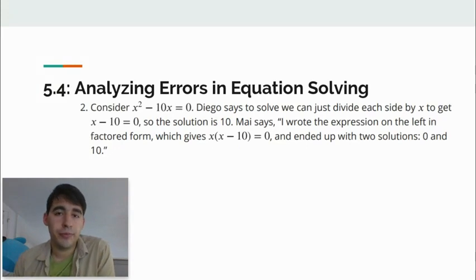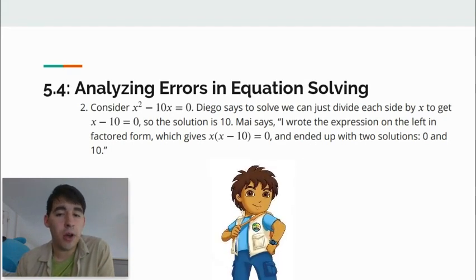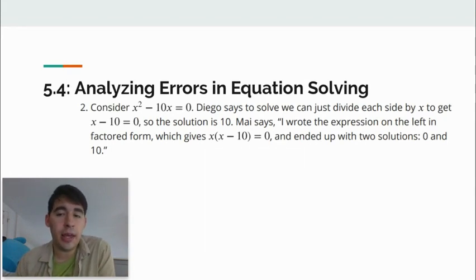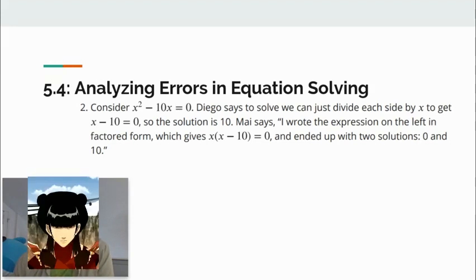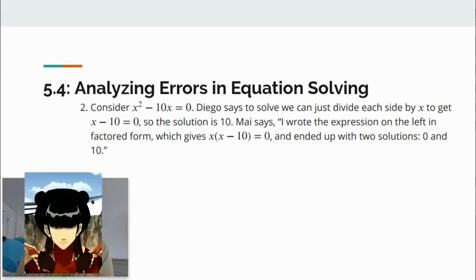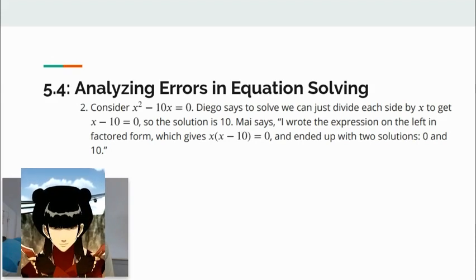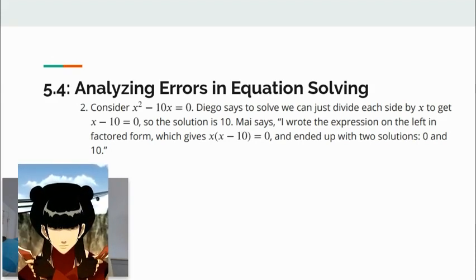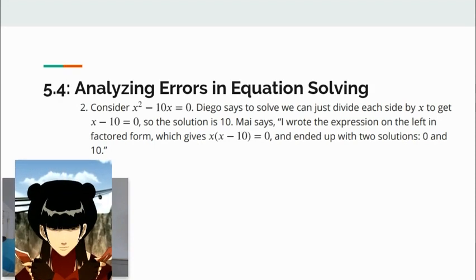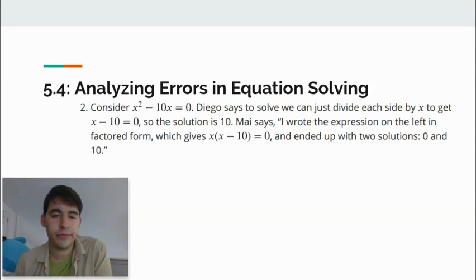Number 2, take a look at the equation x squared minus 10x equals 0. Diego says to solve, we can just divide each side by x to get x minus 10 equals 0. So the solution is 10. Muy bien. Mai says, I wrote the expression on the left in factored form, which gives x times x minus 10 equals 0, and ended up with two solutions, 0 and 10.